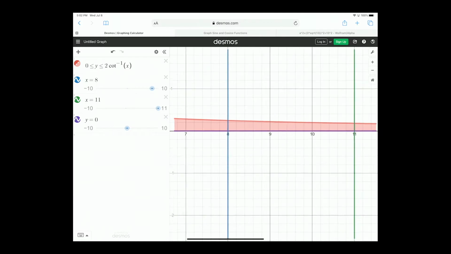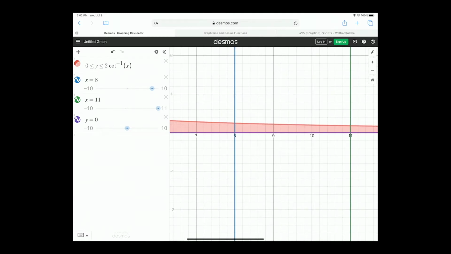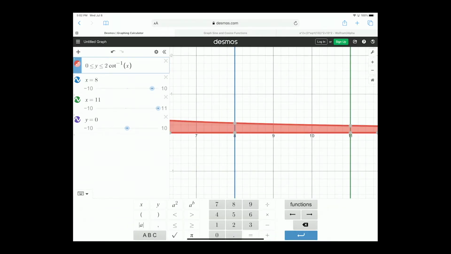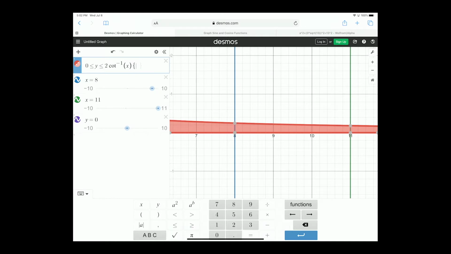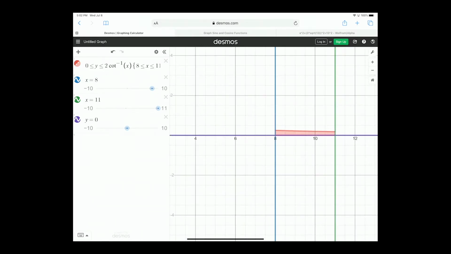So that's the area that we're talking about, but then only between x equals 8 and x equals 11. So I go 8 less than or equal to x less than or equal to 11. Okay, so that's the exact area that we're talking about, this area right here. It's just below the cotangent curve between 8 and 11 is what it comes down to.